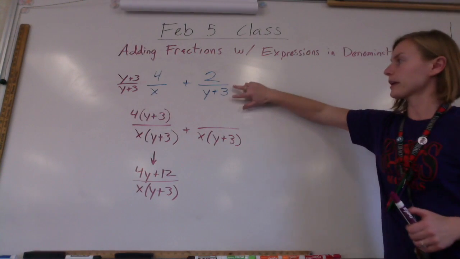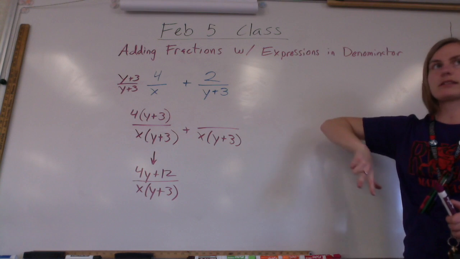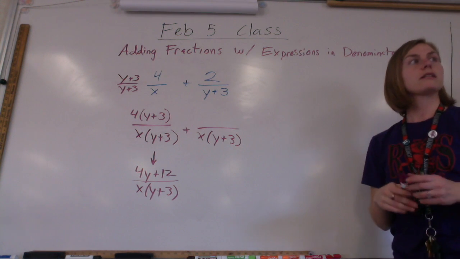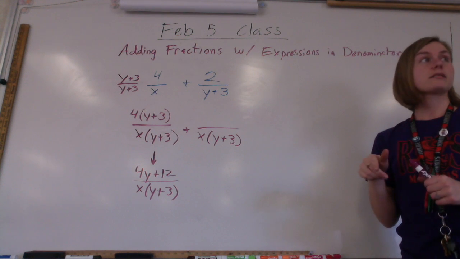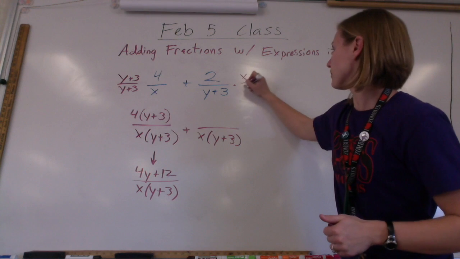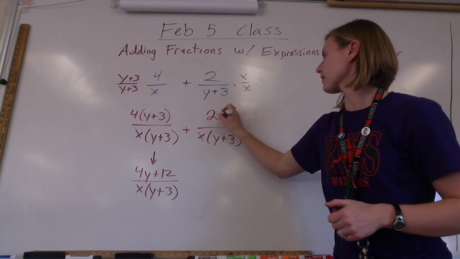What about over here? How do I get from the y plus 3 to an x times y plus 3? Not divide by x, multiply by x. Top and bottom times x, so we get that 2x.